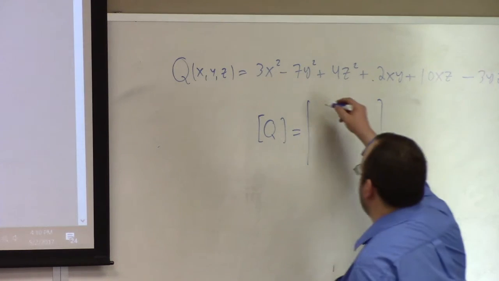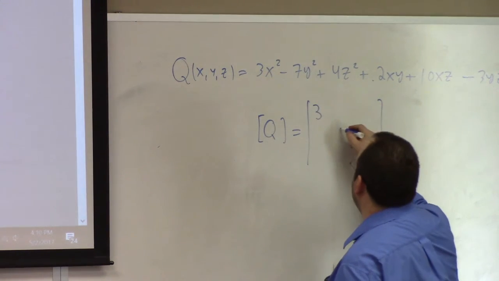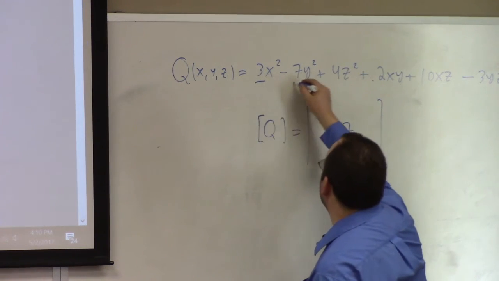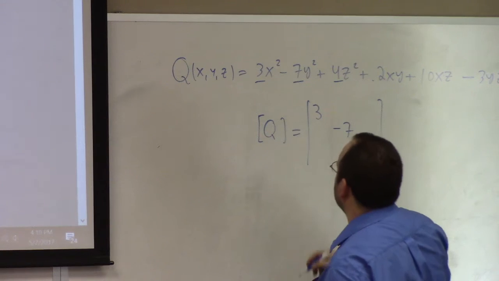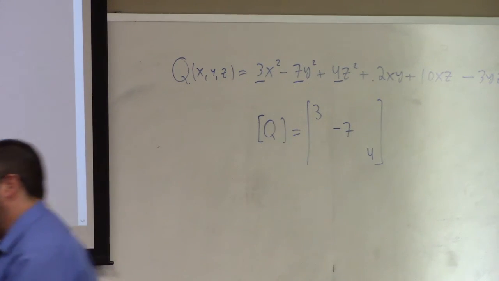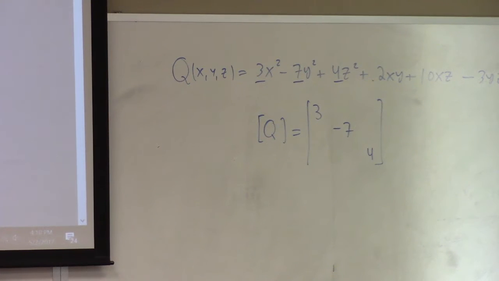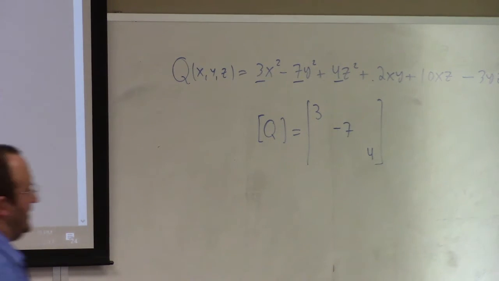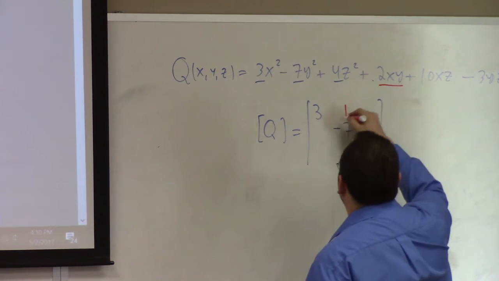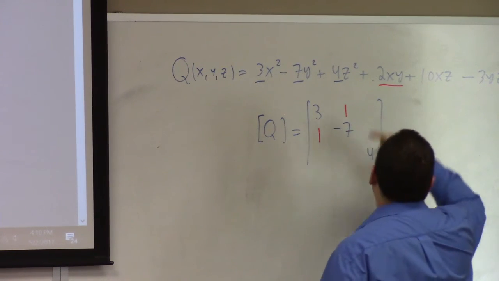So you put the 3, the minus 7, and the 4. That's from this, this, and this, right? 1, 1. Then this xy term here leads to putting a 1 here and here, taking half of it.